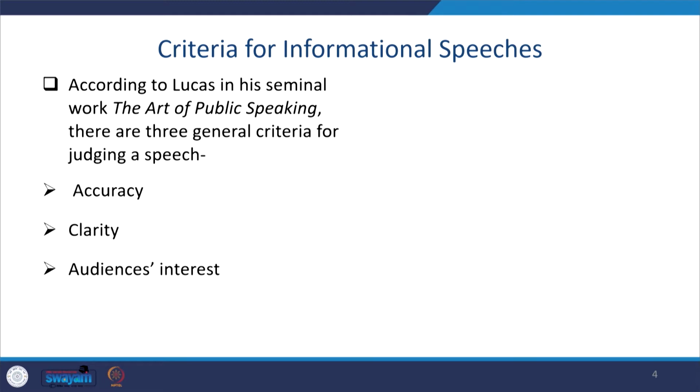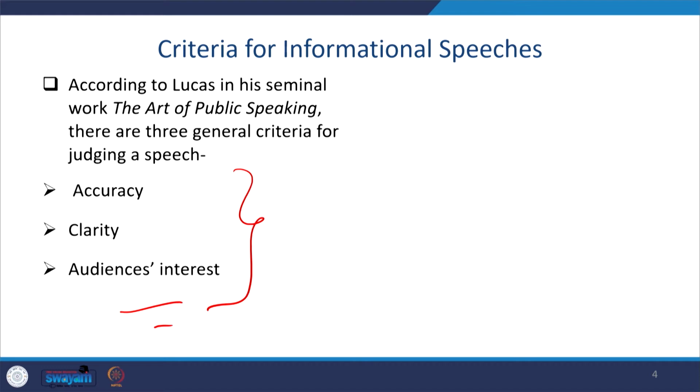So, for any informative speech, because you actually want the listeners to get some pieces of information which could be very useful for them. And that is why Lucas, in his seminal text entitled The Art of Public Speaking, actually mentions three major components, three major attributes of an informational speech.